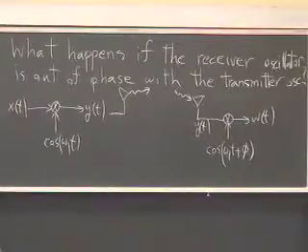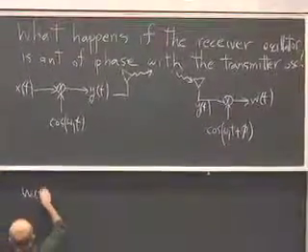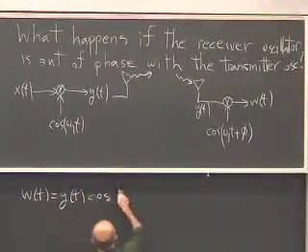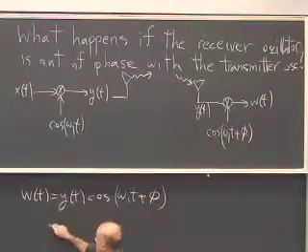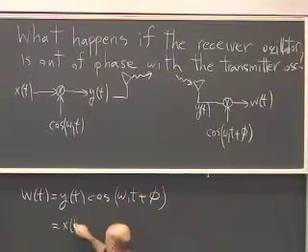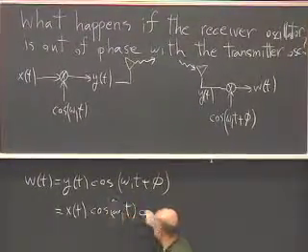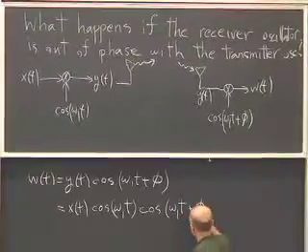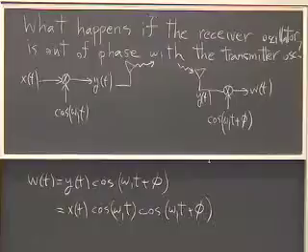The process is pretty much similar. So you've got w of t is y of t cosine omega 1t plus phi. And this was x of t cosine omega 1t. So now you have the product of these. And I believe I have to give you a trig identity.